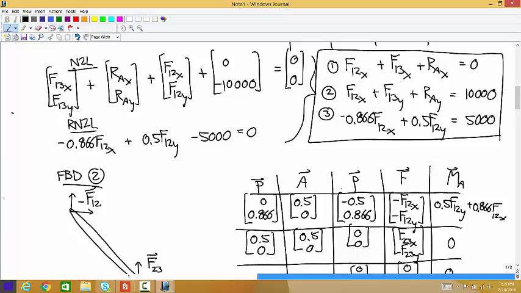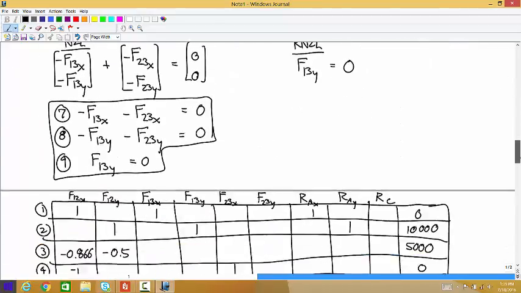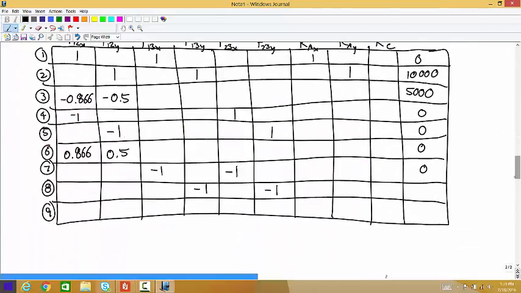Equation 2, yeah, but I gave it to you. Correct, yes. Equation 8, negative f13y, negative f23y, constant 0. Okay. Equation 9, f13y is 0. F13x, F13y, sorry, and then 0, right.